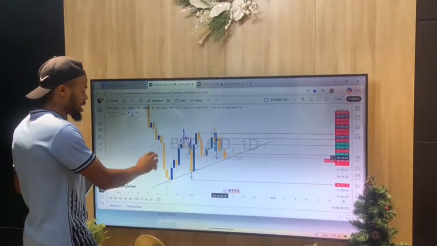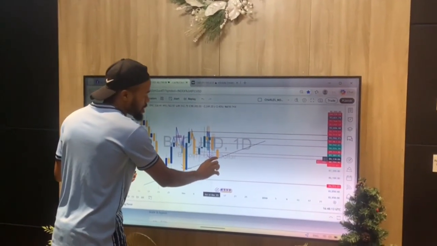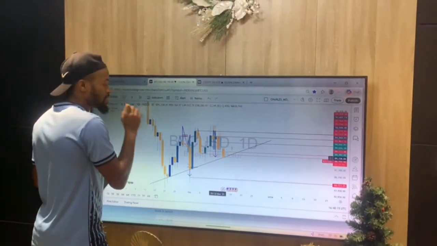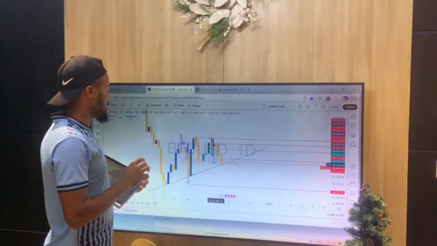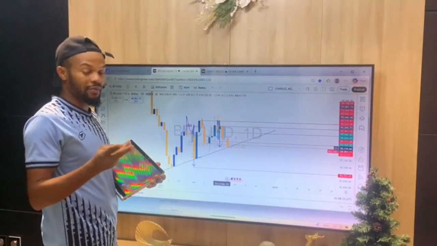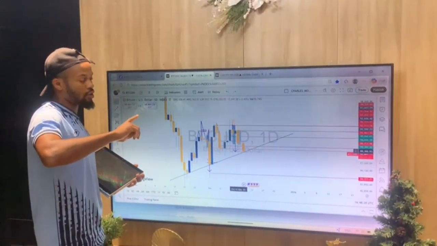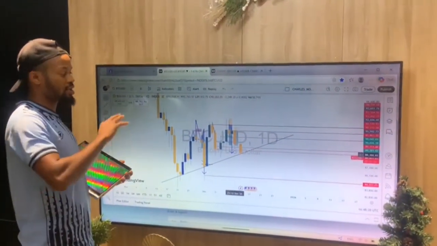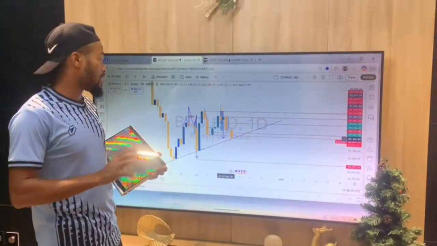So I've already taken the trend line, then wait for a rebound here. One of the reasons why I usually do this is that whenever a trend line bounces 1, 2, 3, or probably the 4th time, there's always a reversal to the upside or maybe a reversal to the downside, depending whether it's an uptrend or a downtrend.